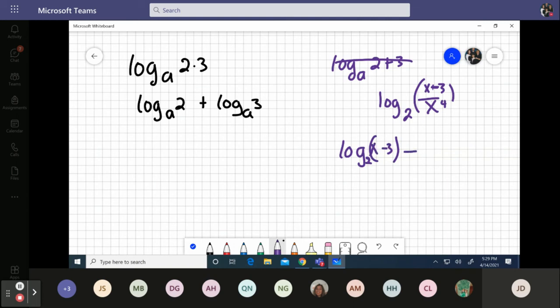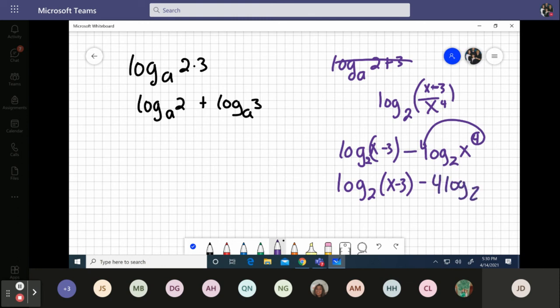Okay? And then minus log 2 of x to the 4th. And then that 4 is going to come down in front. So log 2 of x minus 3 minus 4 log 2 of x. Does that make sense? You've got 2 times 3, but you do not have 2 plus 3 or minus. Anywhere else?